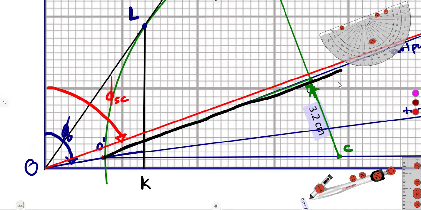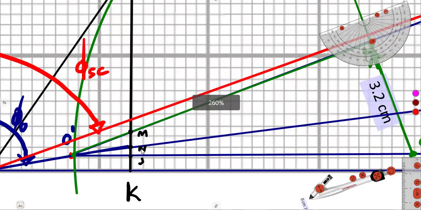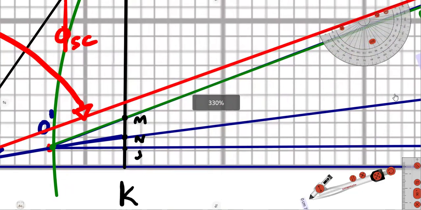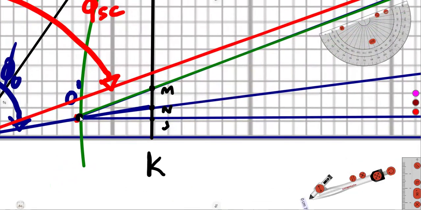This is the first one on the output line, and that point is going to be our M. From O bar, along this line, that is where we are going to have our point N. From O bar along this reference line, the one that is parallel to the horizontal line on the ground, this is our point J. So these are the points that you are going to have: M, N, J, and K, from the reference line.